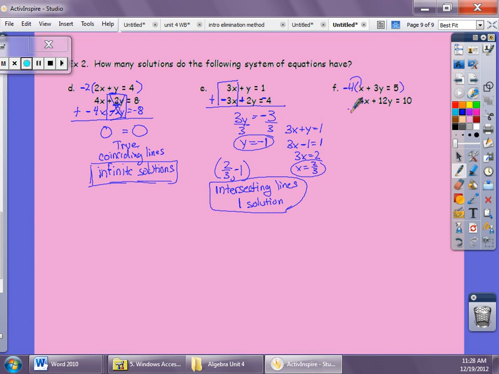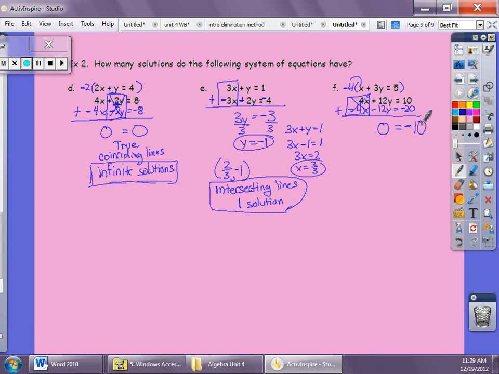We distribute, and we get negative 4x minus 12y equals negative 20. So now we can box out the x's, and we add these. 12y plus negative 12y is 0. 10 plus negative 20 is negative 10. Now this time we don't have any variables because they cancel each other out. We eliminated both of them.